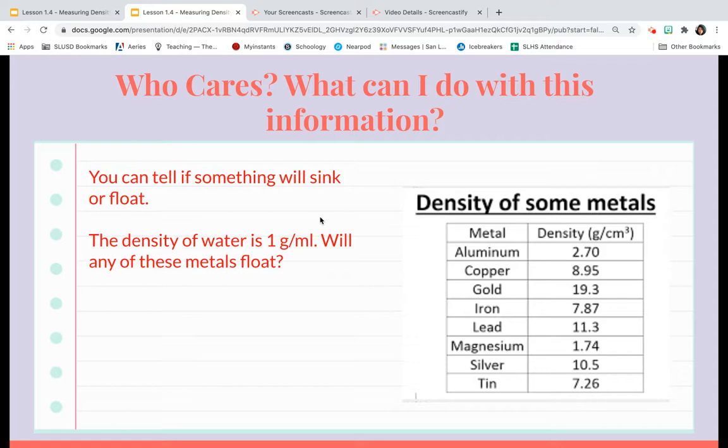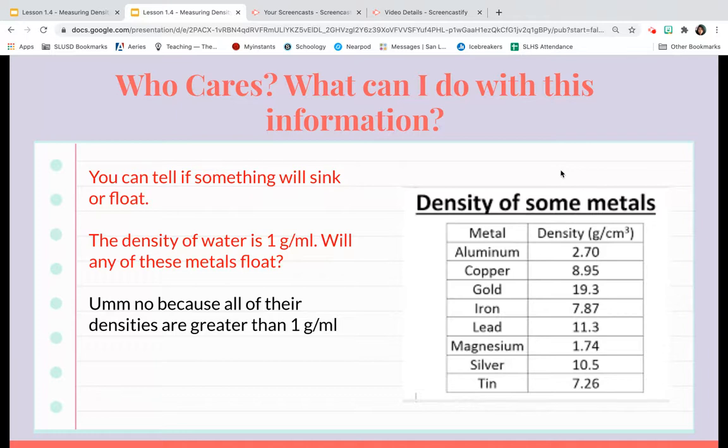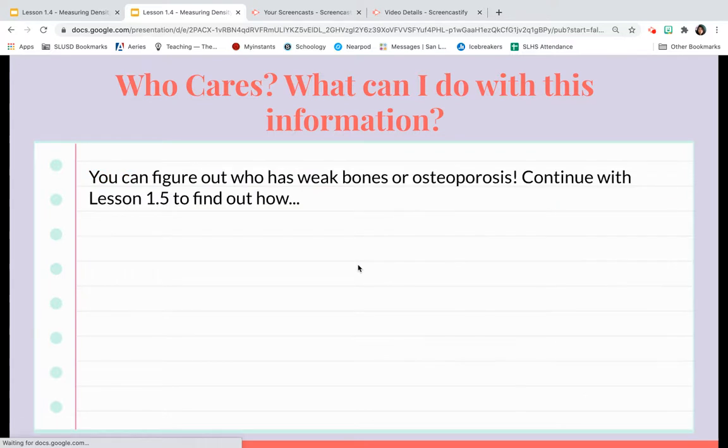So if you know about buoyancy, you'll probably know that technically these can float if I do something else to it. It depends on the shape, right? But in general, if we're just looking at the density of an object, none of these will float because they all have a density of greater than 1 gram per milliliter.